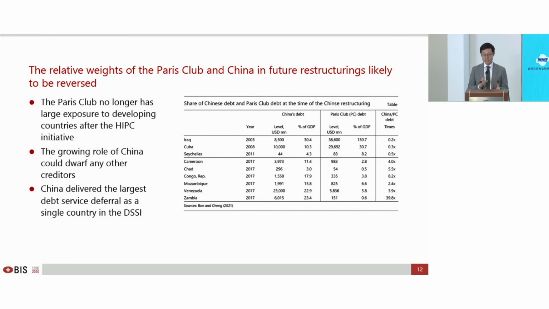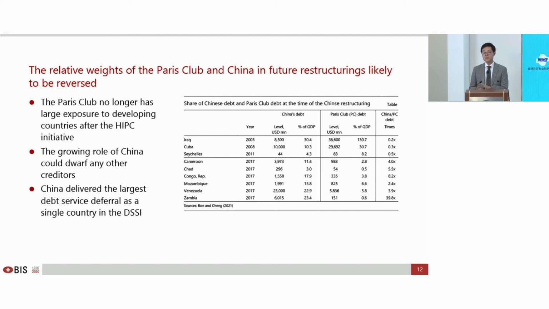the dynamics between the Paris Club and China, one thing we can see is that the relative weights of the Paris Club and China are likely to be reversed in the future. This is because the Paris Club no longer holds a large credit exposure to developing countries compared to China.